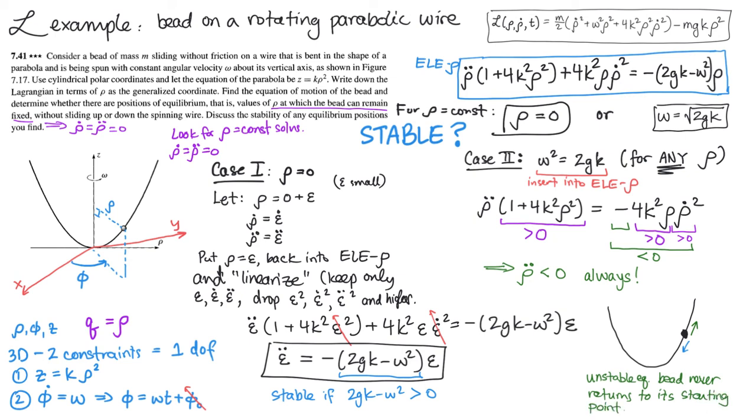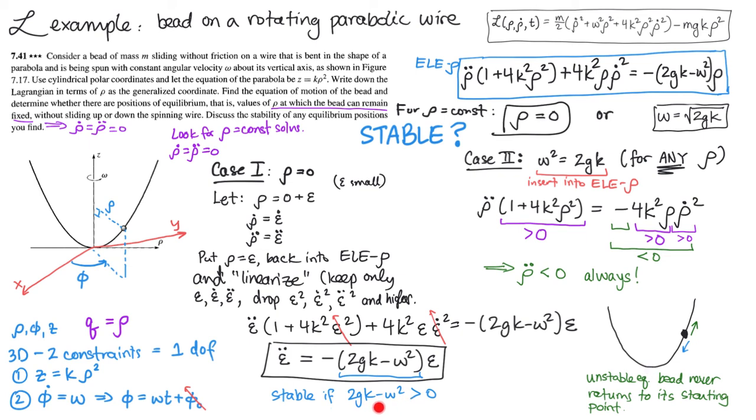Okay. But just to recap the overall argument here, we had a Lagrangian, we derived an Euler-Lagrange equation from that, and we asked the question, is there a condition for which rho double dot and rho dot are 0, meaning that the position is constant. We found that there were. It turns out if you're at the origin, no matter how fast the system is rotating, that's an equilibrium point.